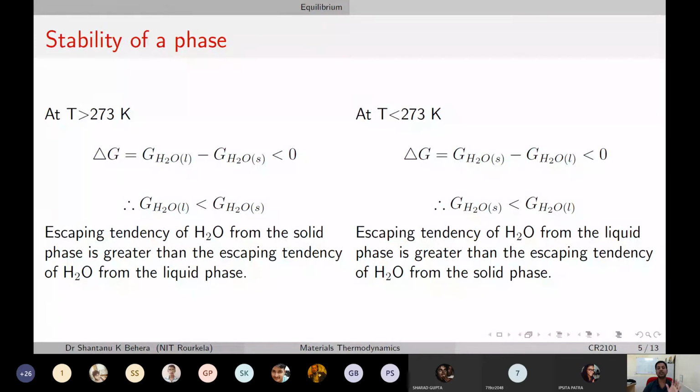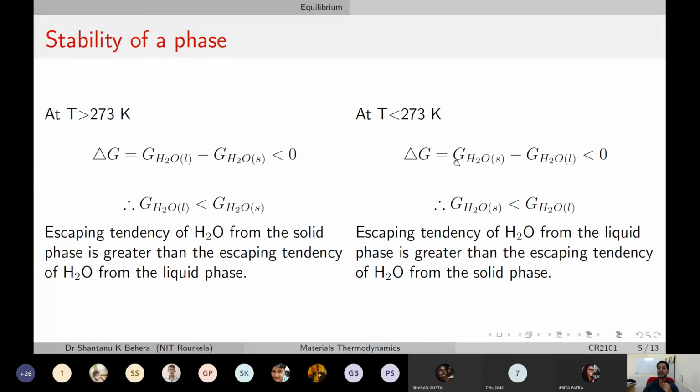Let's not talk about T equal to 273 Kelvin. That's an equilibrium temperature. Any temperature less than that means it is a sub-zero temperature, as we say in normal practice. Delta G now is the same thing, but it happens that the molar free energy of water in the solid state minus the molar free energy of water in the liquid state is less than zero.